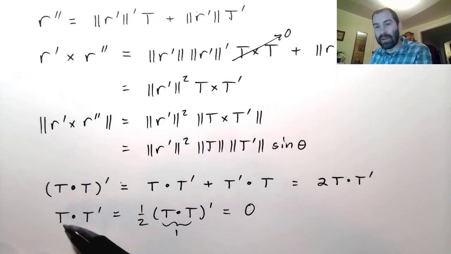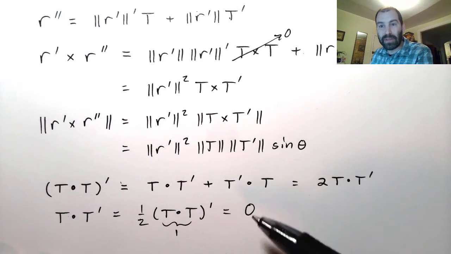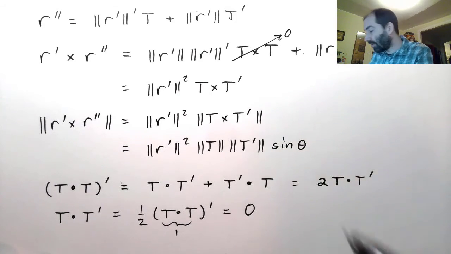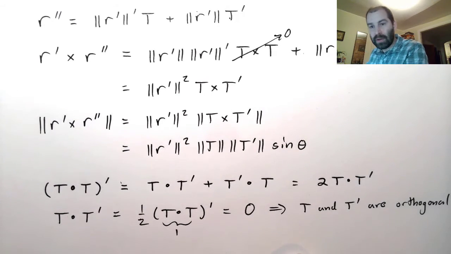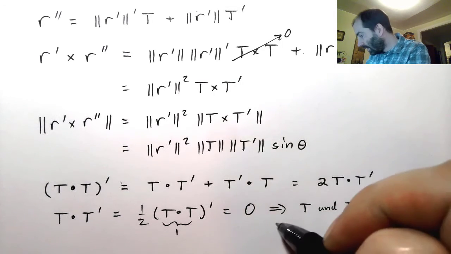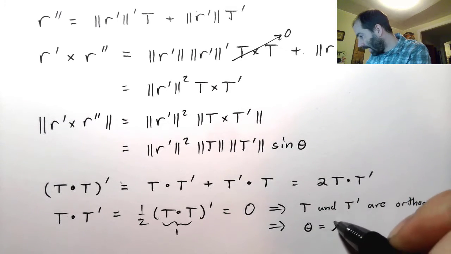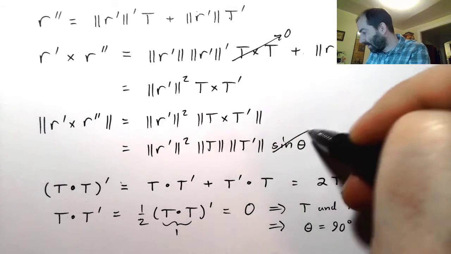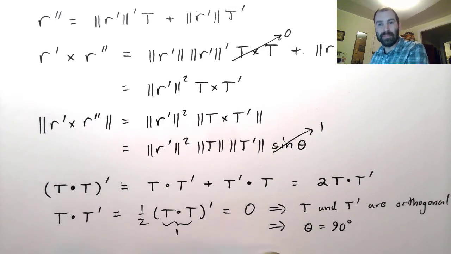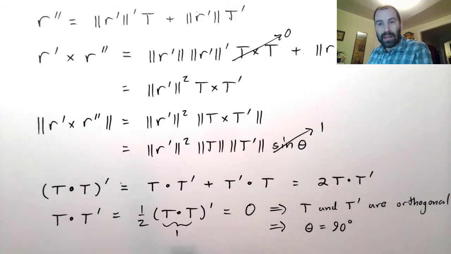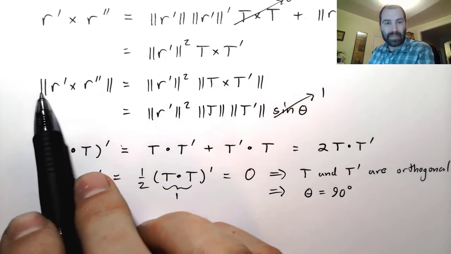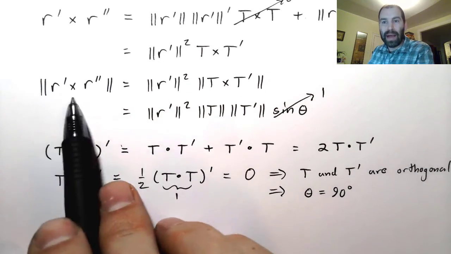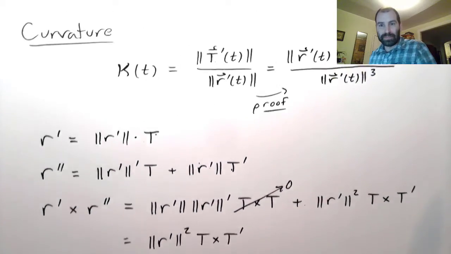If two vectors dotted together give me 0, that means those vectors are perpendicular. t and t prime are orthogonal. That tells me that theta is equal to 90 degrees, so sine of theta is equal to 1. Great. So now we have an expression for the magnitude of our cross product, which we wanted.